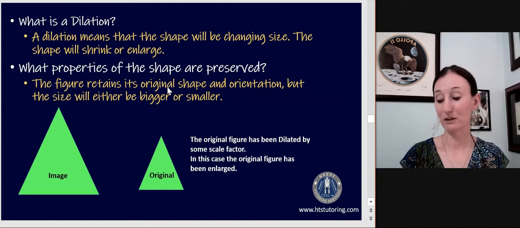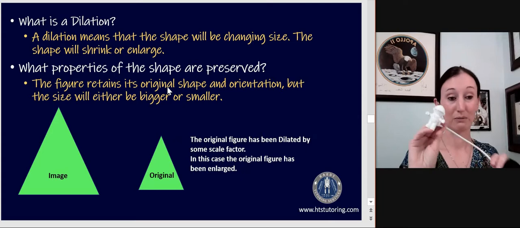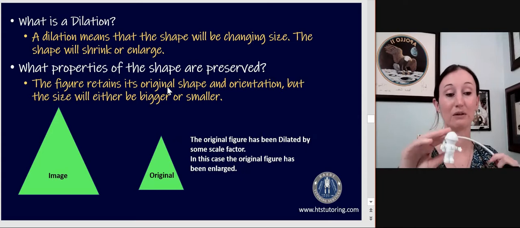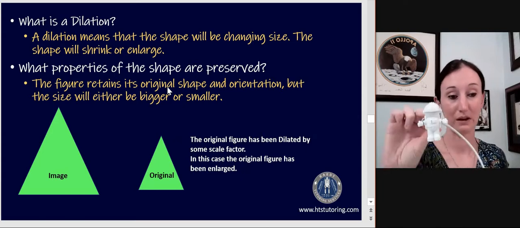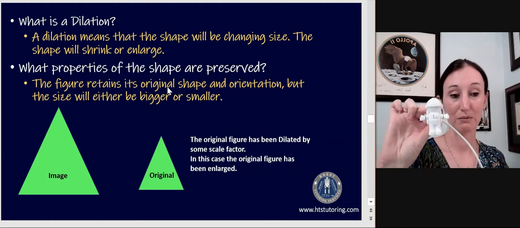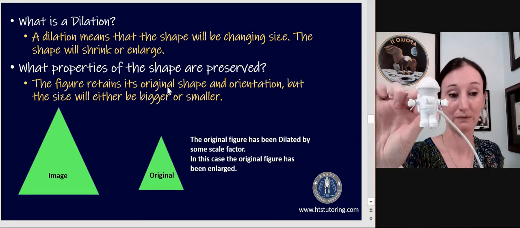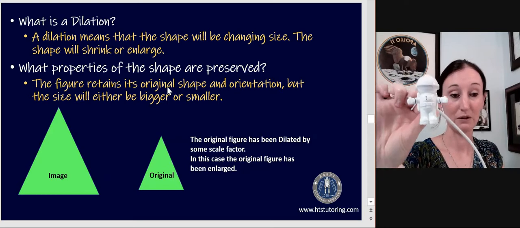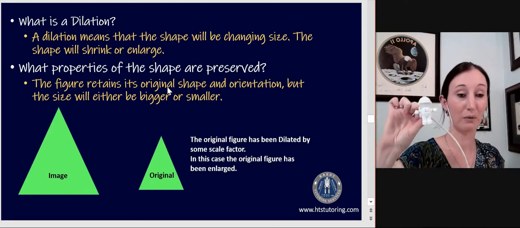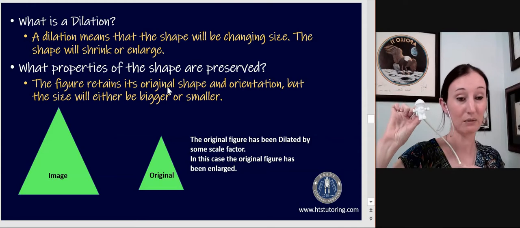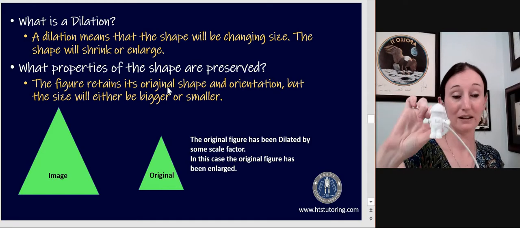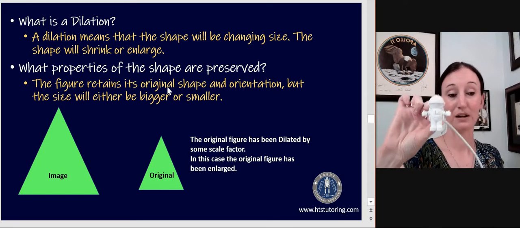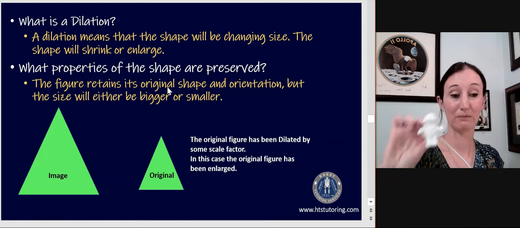So if you've seen some of my other videos, you've met Mr. Spaceman. So Mr. Spaceman here. As I move him closer to the camera, he looks like he's getting bigger. As I move him away, he looks like he's getting smaller. That's technically what a dilation is. We are getting bigger or smaller.